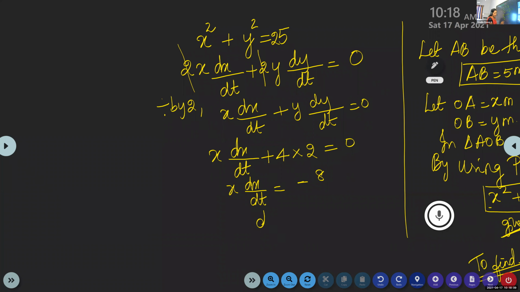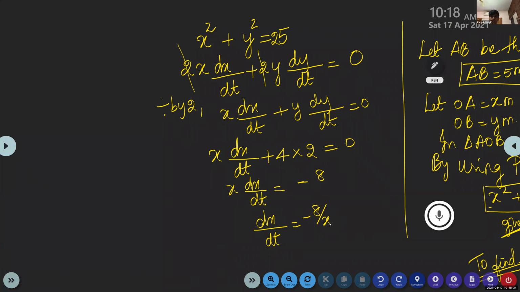Therefore, dx by dt is minus 8 by x. This x is again unknown. We want to find x. How to find x? We should get a numerical quantity here, without the variable. We should substitute something for x. How will you calculate that?